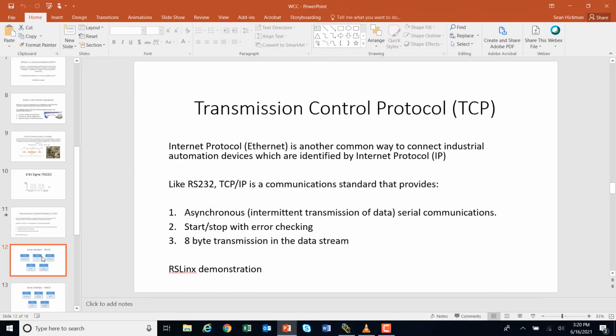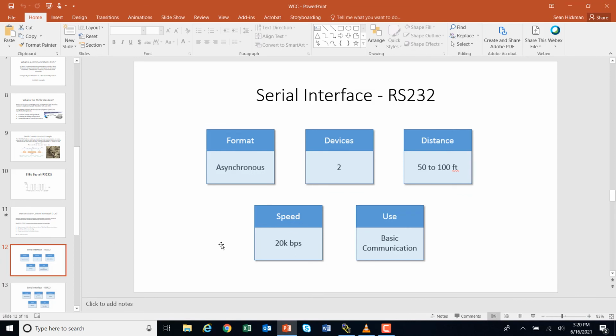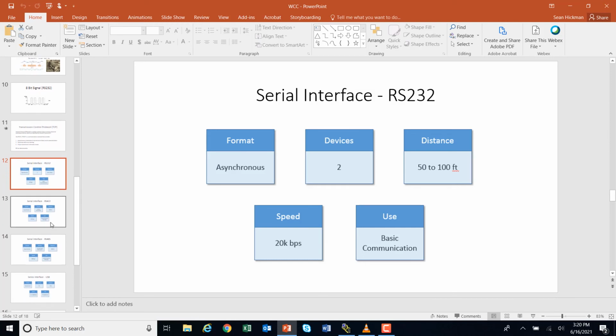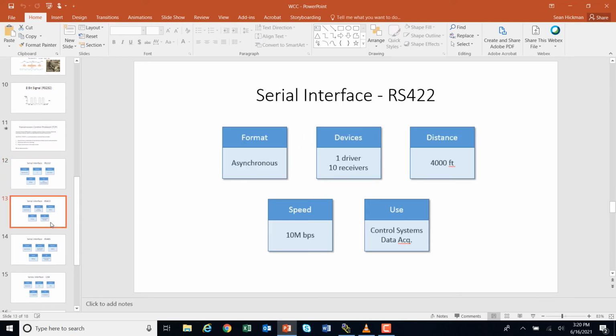Okay, and so just to recap, initially we started with a serial interface, RS-232. The format was asynchronous, a couple of devices not very far apart, and it was slow, but it worked. But things got more complicated in automation, and so they had to come up with different standards where we have more drivers and more devices and a farther distance and a much faster speed. And things kept progressing.